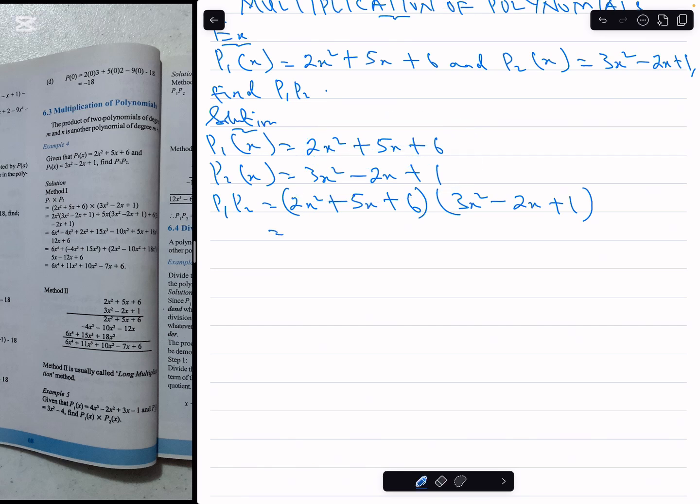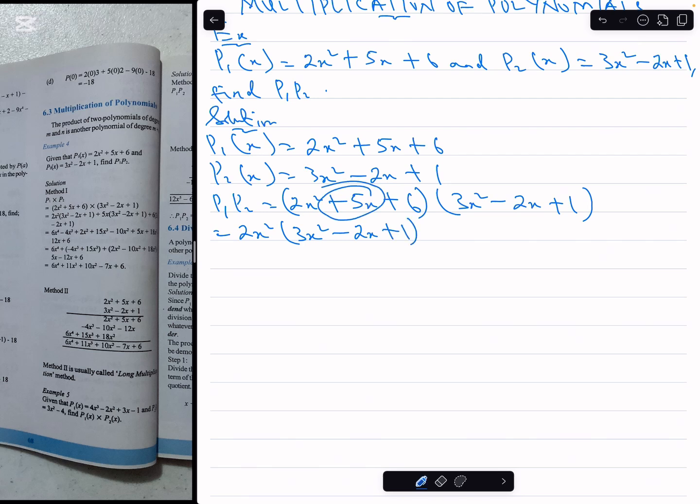So what do we get when we do that? This simply means you pick each of the terms in the first polynomial and multiply by the whole of the second polynomial. So we pick 2x squared and multiply by the whole of p2, which is 3x squared minus 2x plus 1.